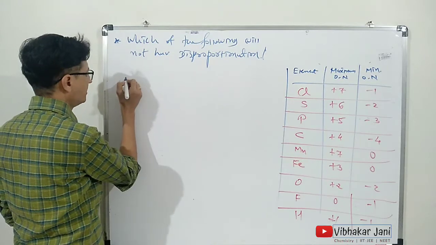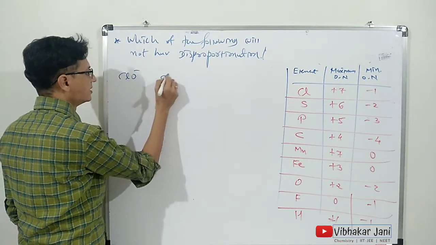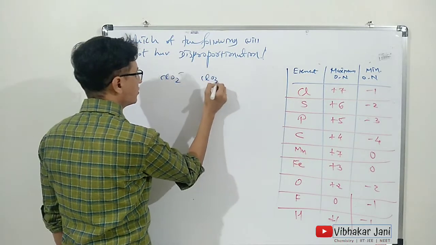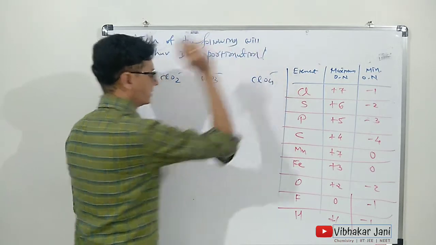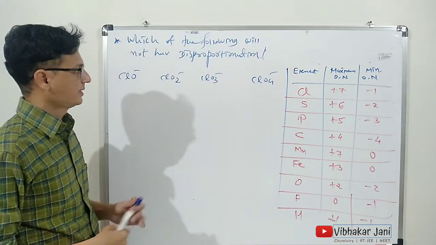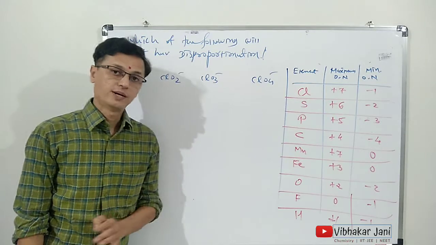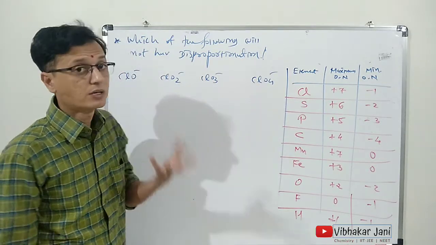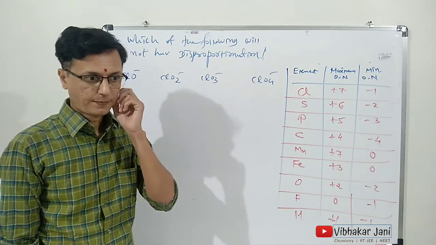And the species given are ClO minus, ClO2 minus, ClO3 minus, ClO4 minus. 4 examples are given, and we are asked to find which of these will not have disproportionation.